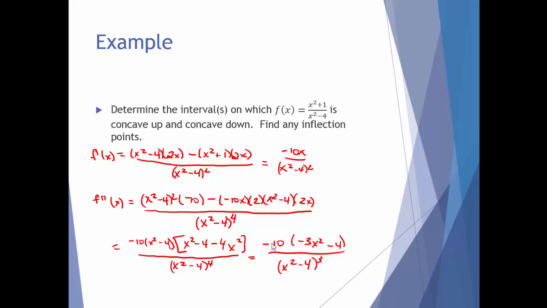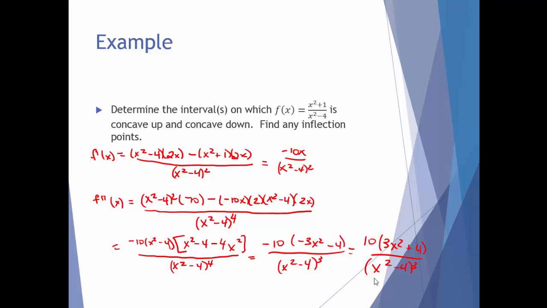And then notice you've got a negative out here and 2 negatives in. So in theory, what you're doing is factoring a negative out of this to get rid of the negative in front of the 10. So that'll be 10 times 3x squared plus 4 over x squared minus 4 cubed. The algebra on this one gets a little challenging, but it's definitely doable.